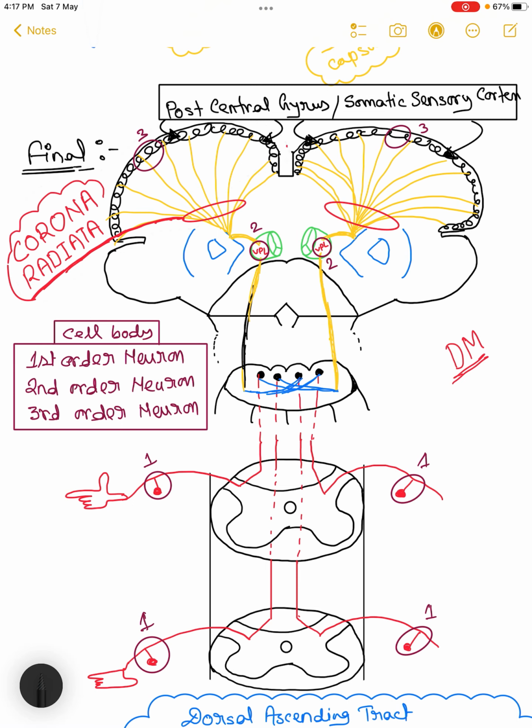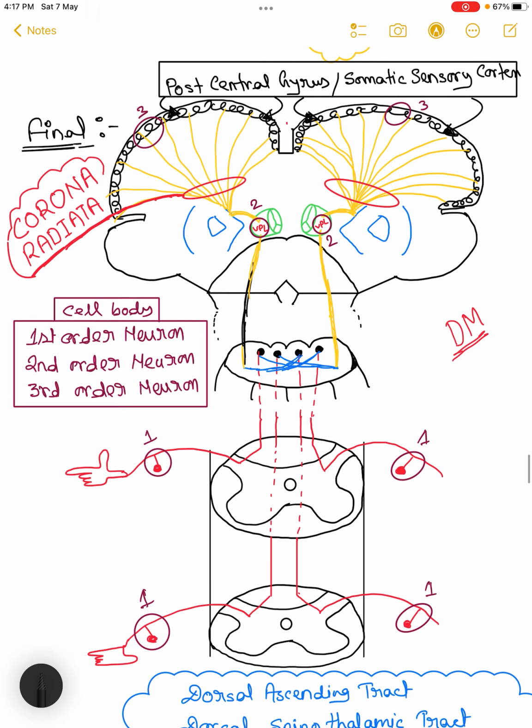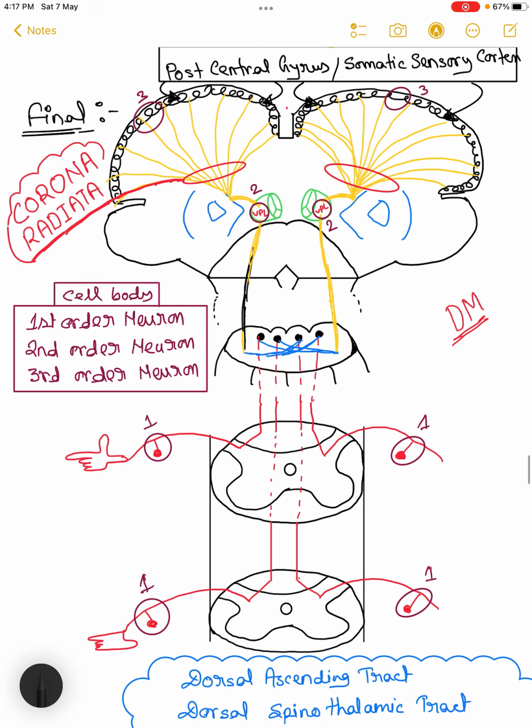Okay, now there is another concept you have to know, so focus here. Here you will see we talked about in textbook the first order neuron, second order neuron, third order neuron. So you can very easily say according to the cell bodies. So focus on the cell bodies. Okay, now come to here.